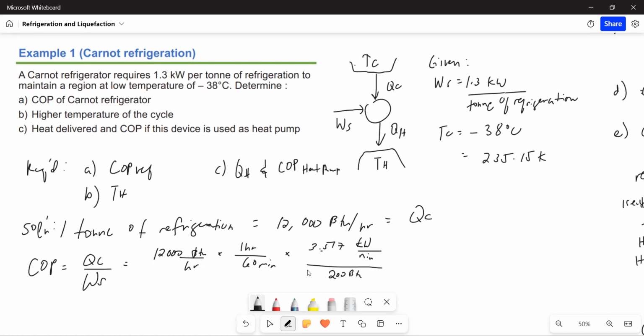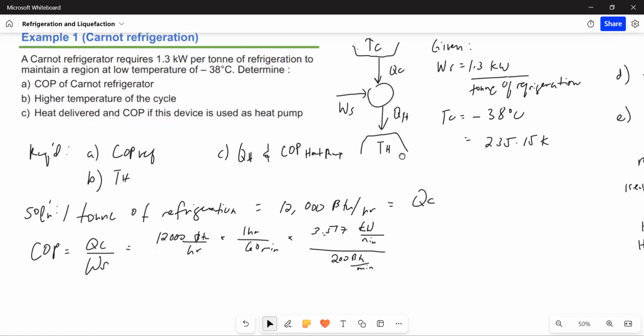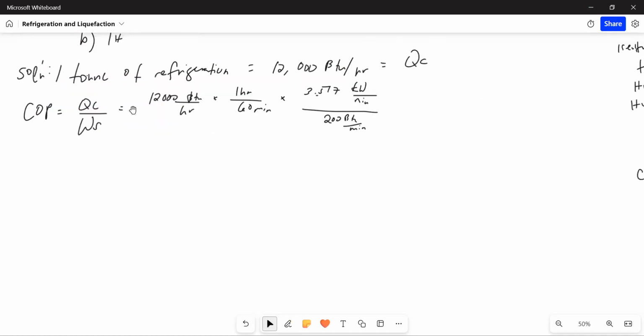Let me check the conversion. This is BTU per minute. So it's just a conversion factor over the WS, or work shaft.